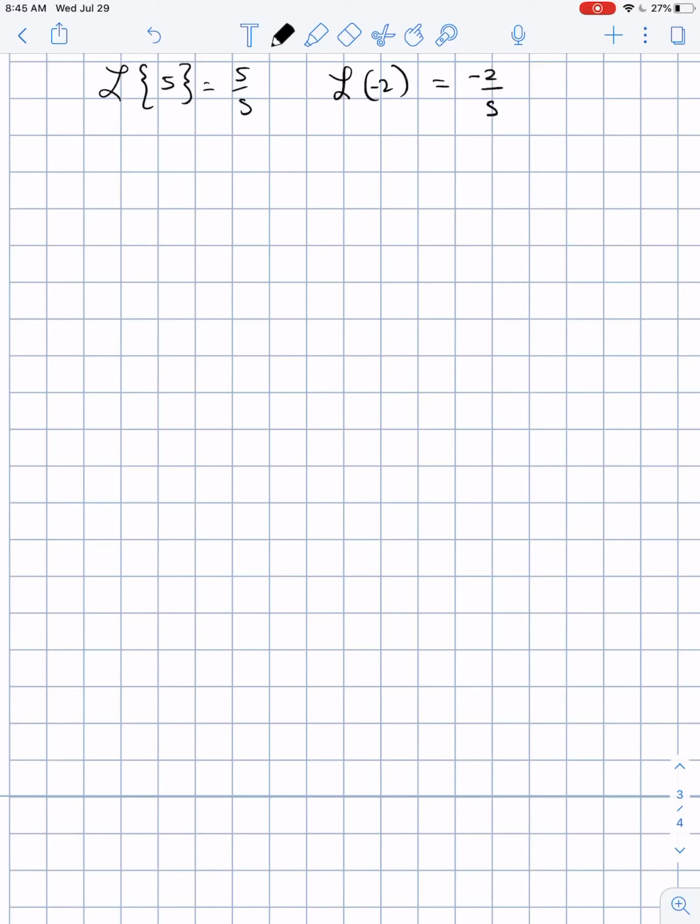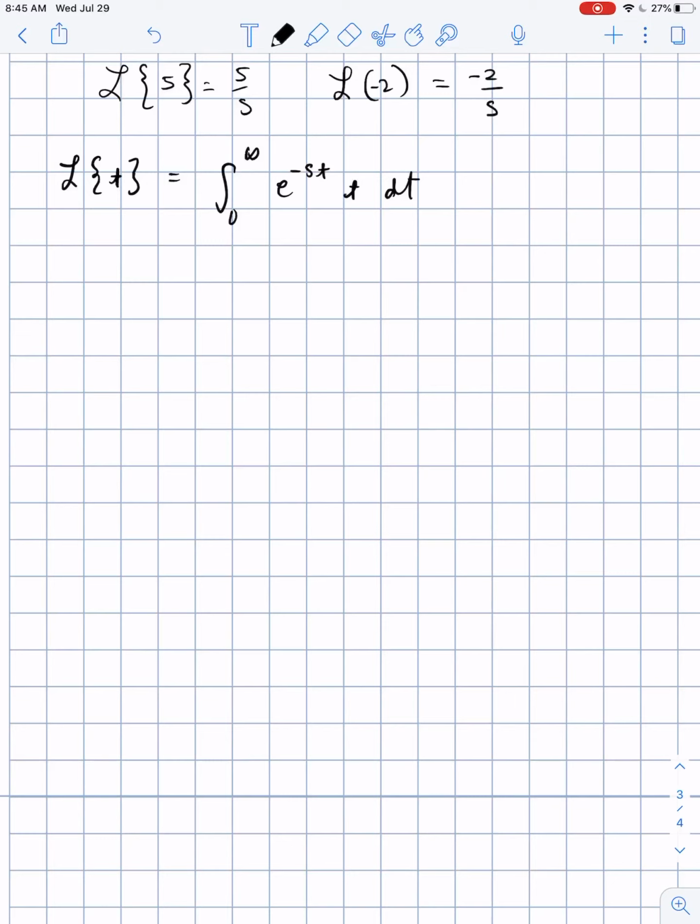The next basic function that you're going to see is t, or t squared, or t cubed, or anything along those lines. Doing the same thing here, you've got 0 to infinity, and now we have t dt.